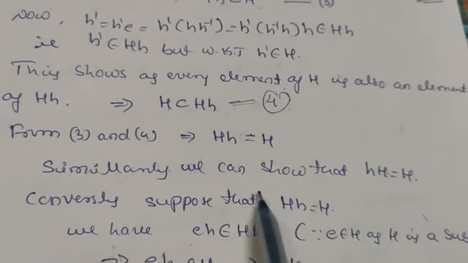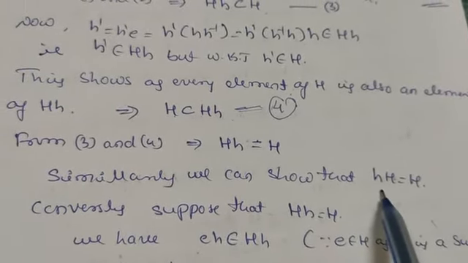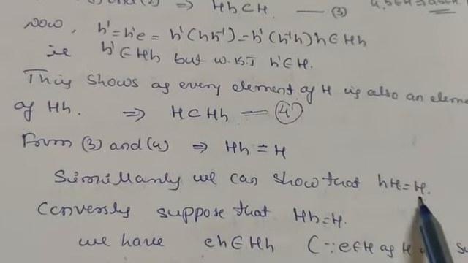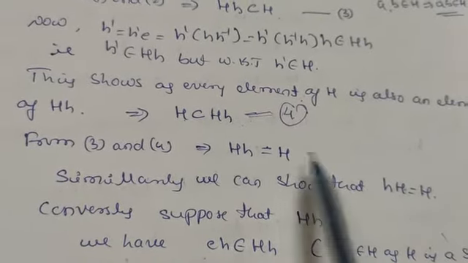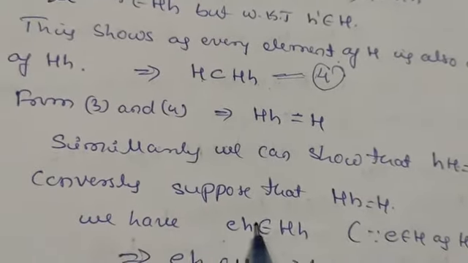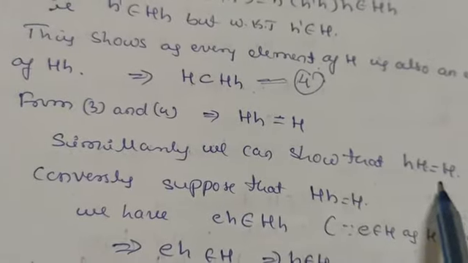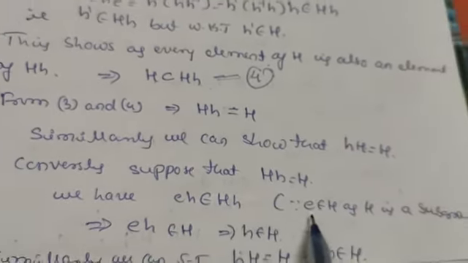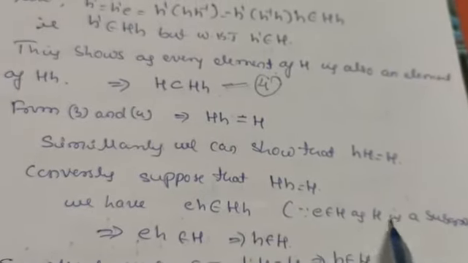Similarly, conversely, small h into capital H is also equal to H. That is, a into b is equal to b into a. We can take like that here. Conversely, suppose that H into h is equal to H. So we have e into h belongs to H into h, because e is the identity element and H is a subgroup.